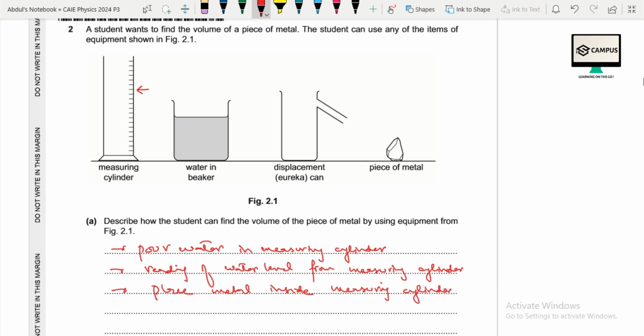And when we place the metal inside the measuring cylinder, the level of water would rise. And we would note or take reading of the change in level of the measuring cylinder.